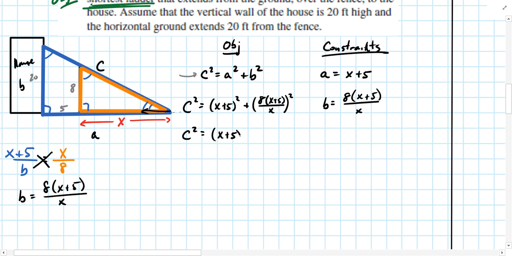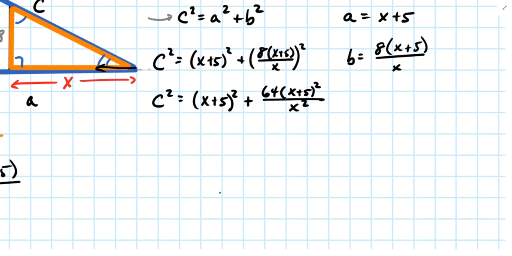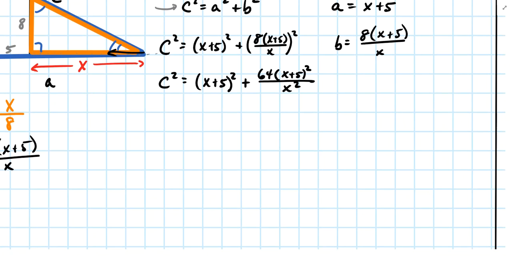Again, I'm going to leave this one in factored form as well. If I were to square this fraction, essentially everything becomes squared because it's a product and quotient. So we end up with 64 times the quantity of x plus 5 squared over x squared. And an old algebraic trick becomes visible at this point.